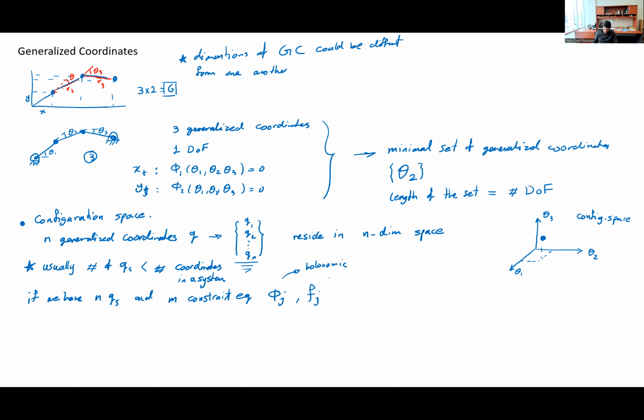Holonomic and non-holonomic constraints. Then the degrees of freedom, DOF, is n minus m. Or if you have n generalized coordinates and your system is k degrees of freedom, you have n minus k constraints.